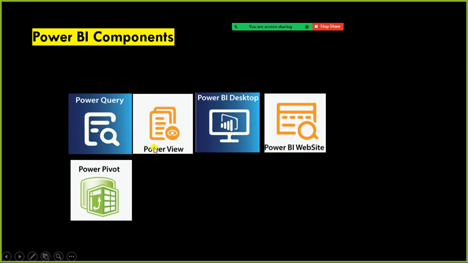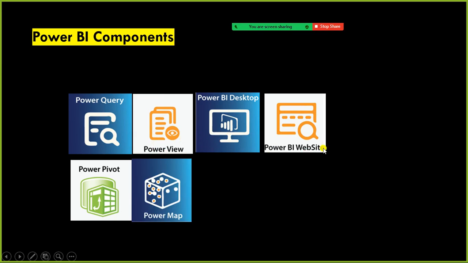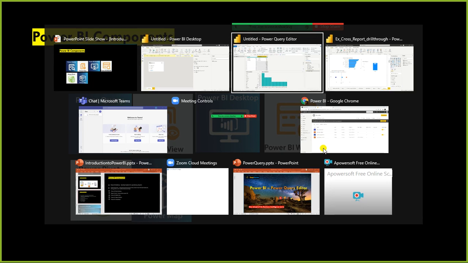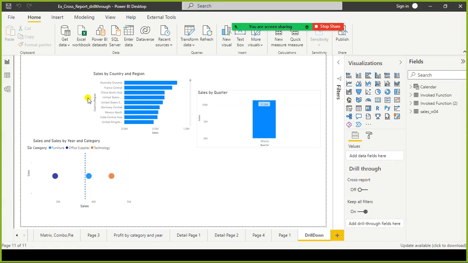Once you create a report using Power View, you publish it on the cloud. The next one is Power Map. Power Map is a 3D data visualization tool using which you can get a picture of geospatial information. It works with something called Bing Map. In order to get good visualization, we use the Bing Map visual that is available as part of your Power BI.